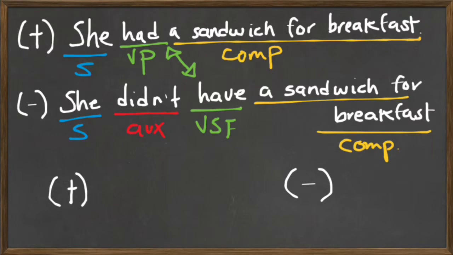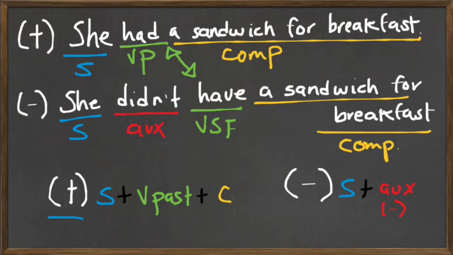Let me write it again here. So in affirmative we have the subject, in negative we have the subject, and then in affirmative we have the verb in past, in negative we have the auxiliary for the past in negative, and then in affirmative we have the complement, and that's the end of it.